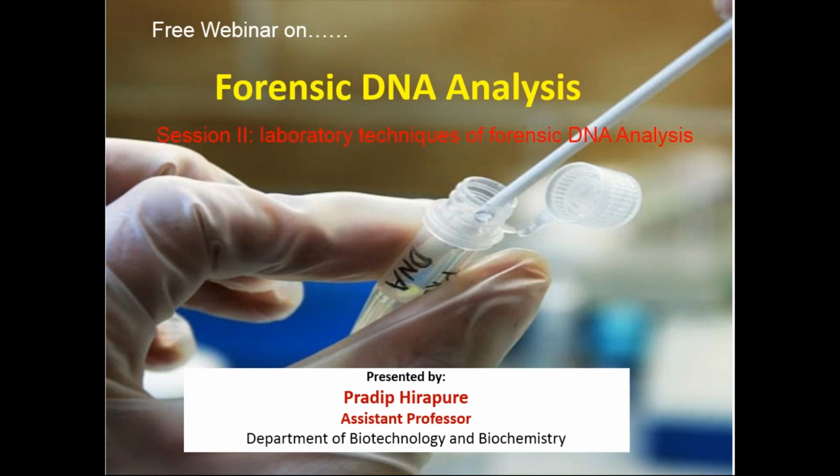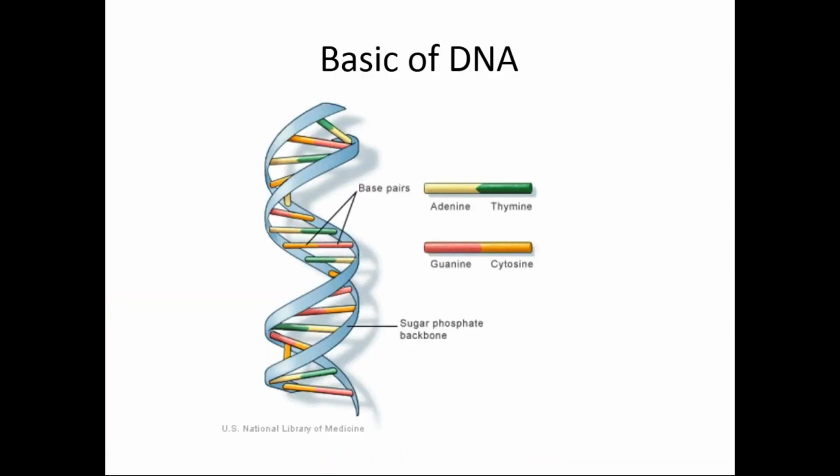Dear participants, whenever we're talking about DNA analysis, first of all, we should know the basics of DNA analysis. The basic of DNA analysis is the structure of DNA, or what is DNA. DNA is the genetic material which is present inside the nucleus.